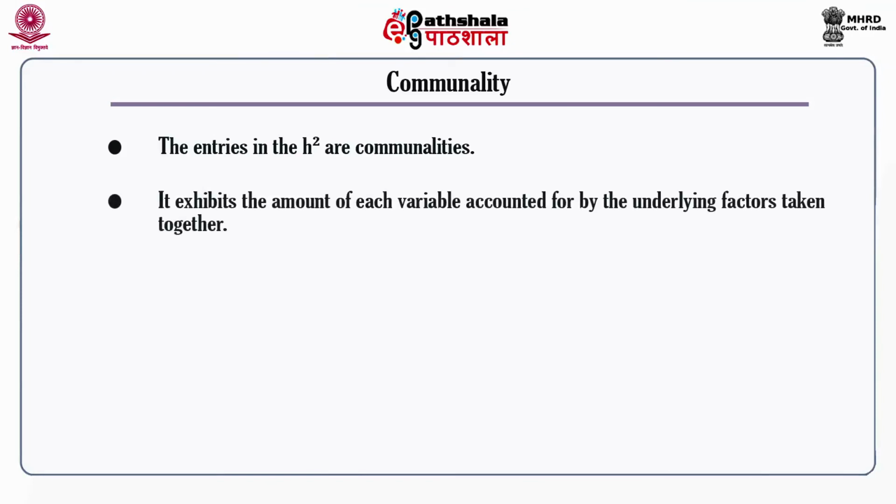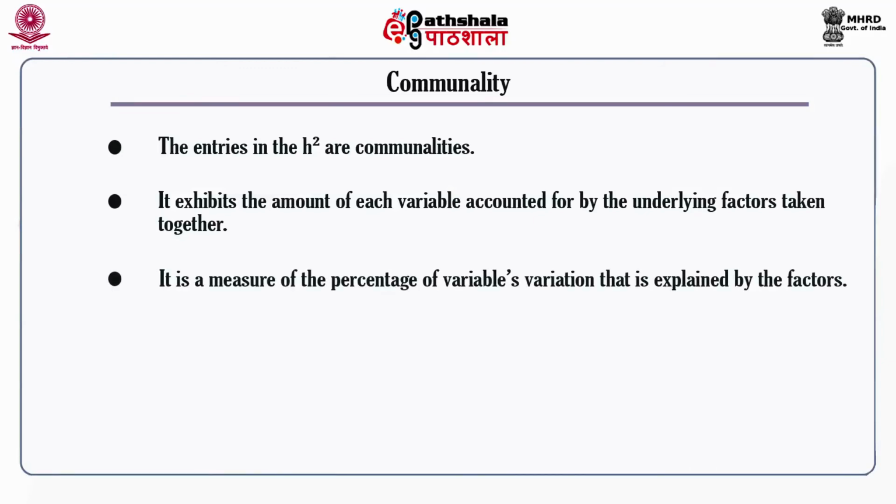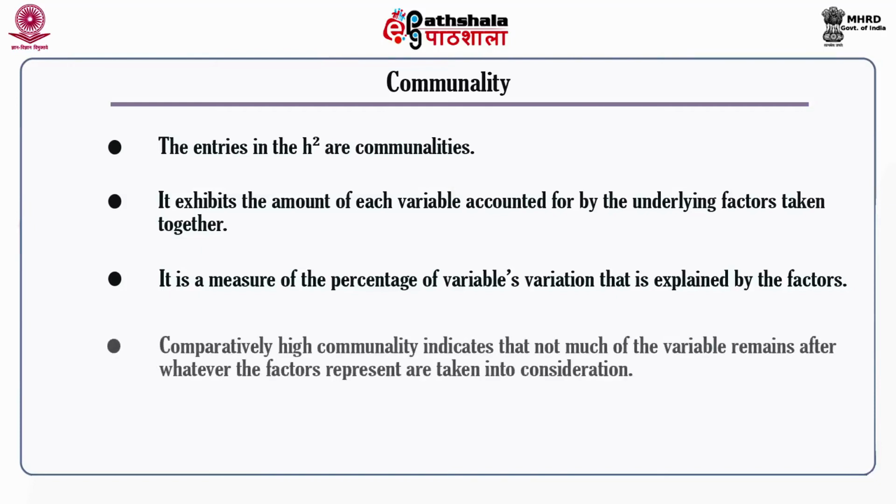It exhibits the amount of each variable accounted for by the underlying factors taken together. It is a measure of the percentage of the variable's variation that is explained by the factors. Comparatively, high communality indicates that not much of the variable remains after whatever the factors represent are taken into consideration.